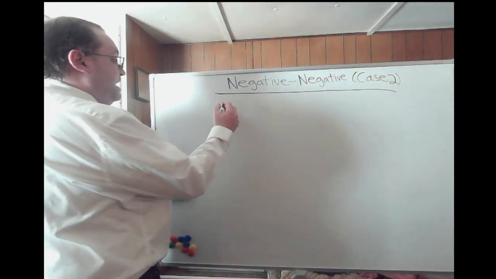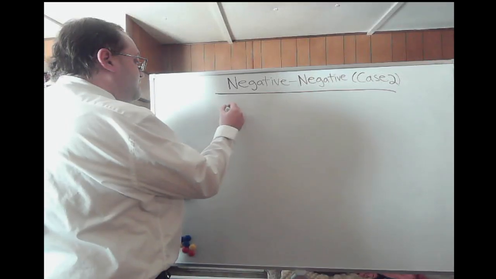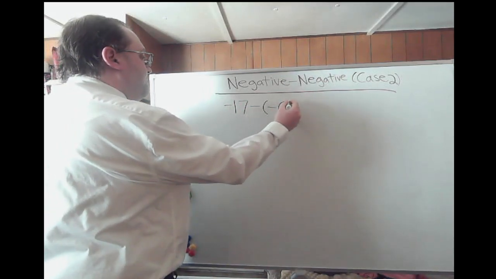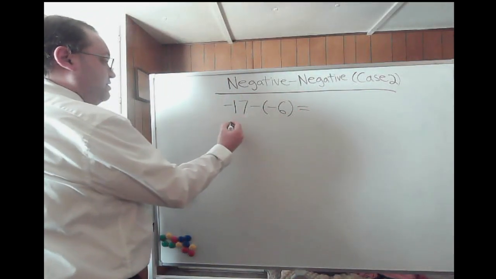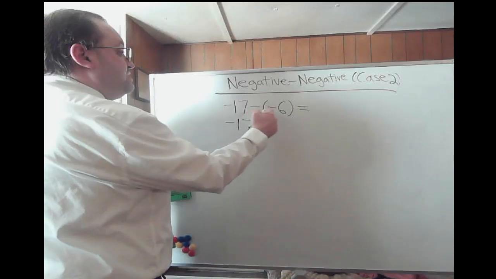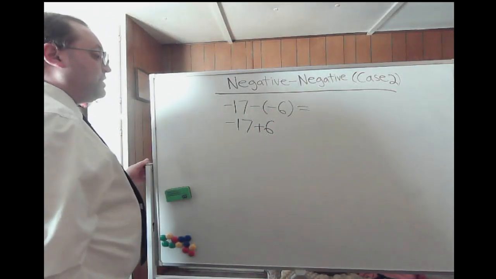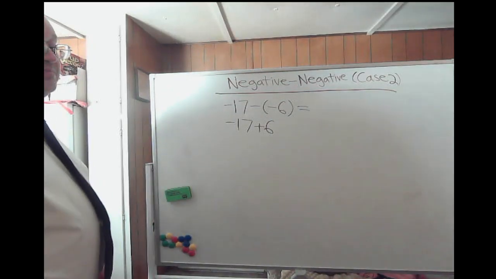So let's say we have negative 17 minus negative 6. Well, of course, you're going to start out with negative 17, but minus negative 6 is actually plus 6. It'll be negative 17 plus 6.